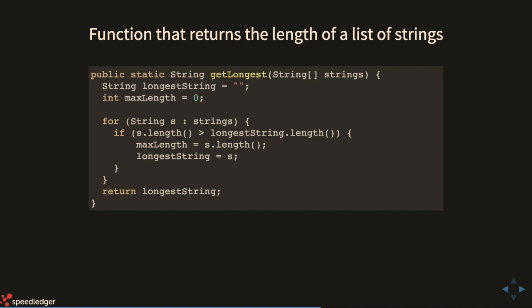We check if the length is longer, and if it is, then we update the string and the length, mutate them, so you couldn't run this in parallel. And then it goes over all the strings, and in the end it returns the longest string.